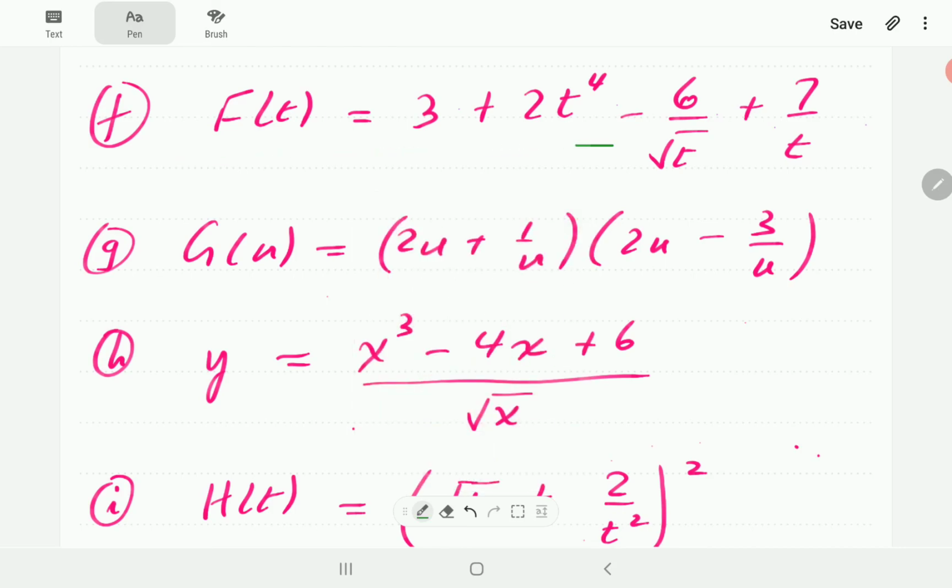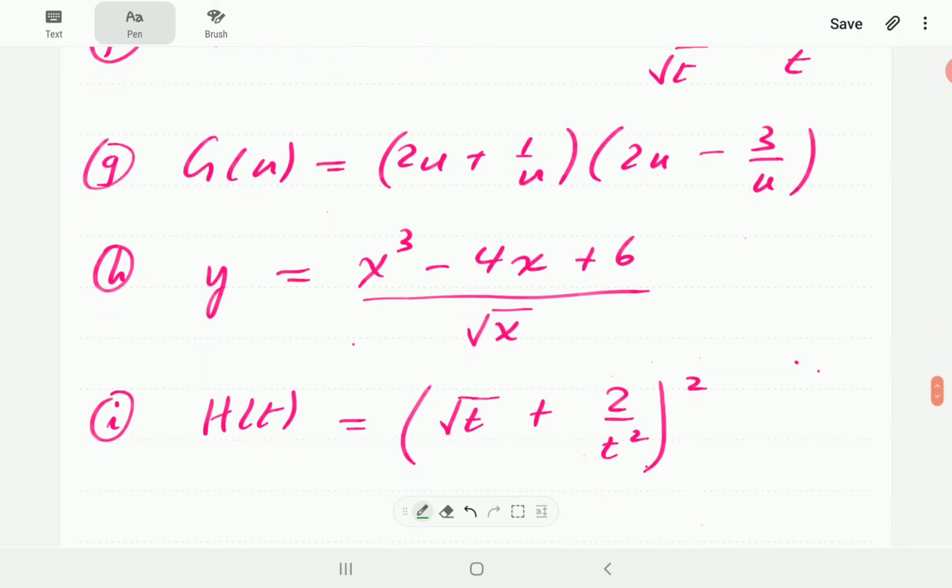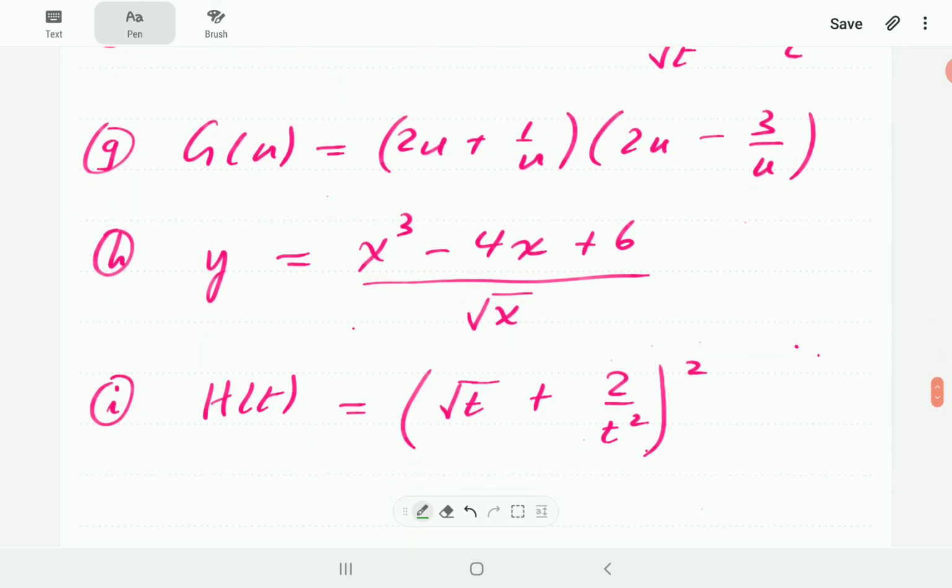That is the function f, and there is g of u, and then that is h, and the last one is this one here. If you'd like to, pause the video at this point, have a go at them, and then when you continue the video, you can compare your answers with ours.